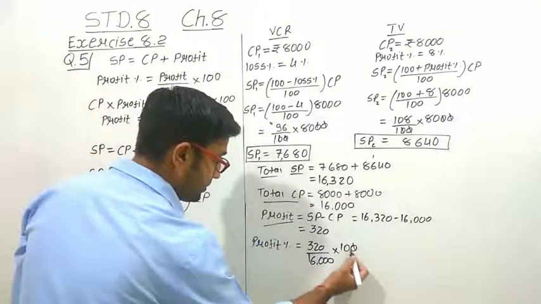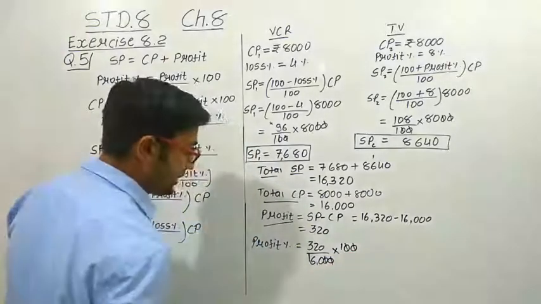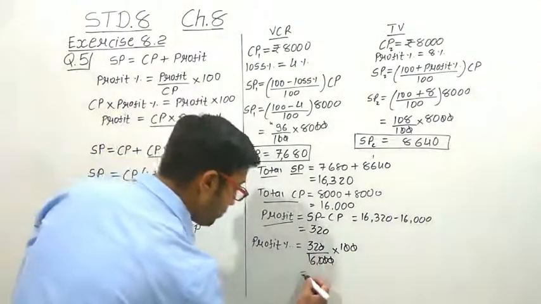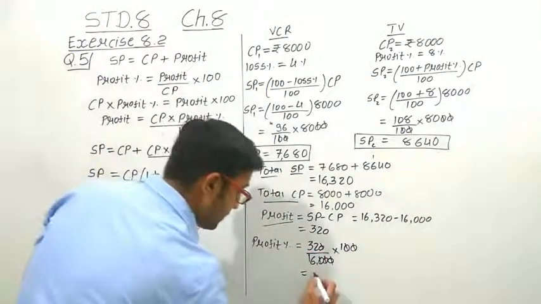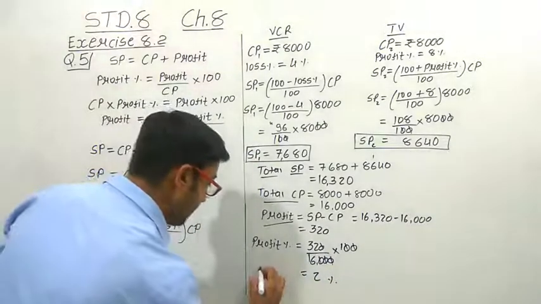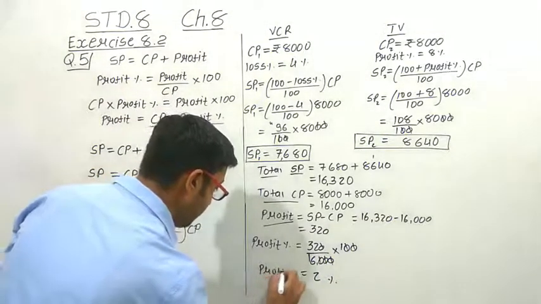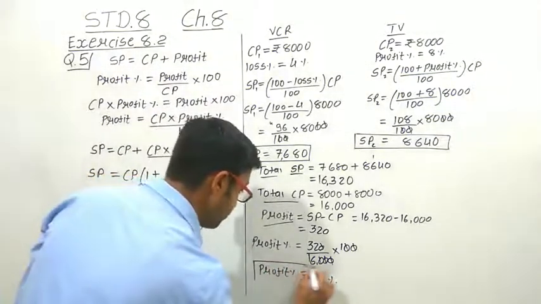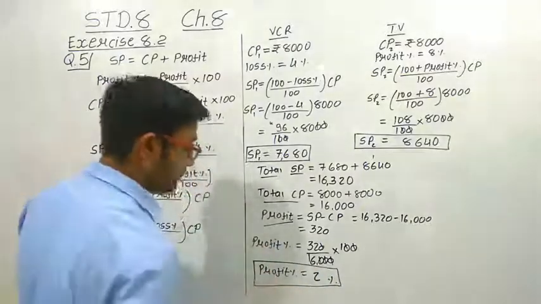So when we cut this 0 with this 0, two zeros are cancelled out. Here also 1 zero will cut out. Okay, 16 and 32. So 32 divided by 16 is equal to 2, and that we get as a percentage. So we can write that the profit percentage we get here is equal to 2%.